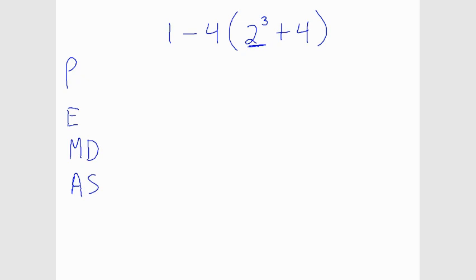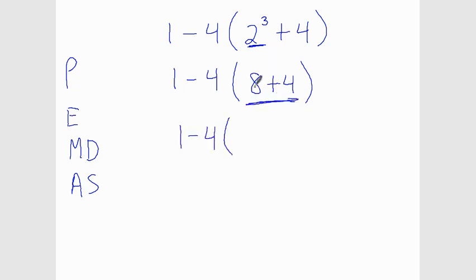Within parentheses, I still have to obey order of operations. So 1 minus 4 will get written out. 2 cubed is 8, plus 4. And now I can finish off the parentheses by doing the addition that is in the parentheses. 1 minus 4, 8 plus 4 is 12. So I'll just write it as times 12.